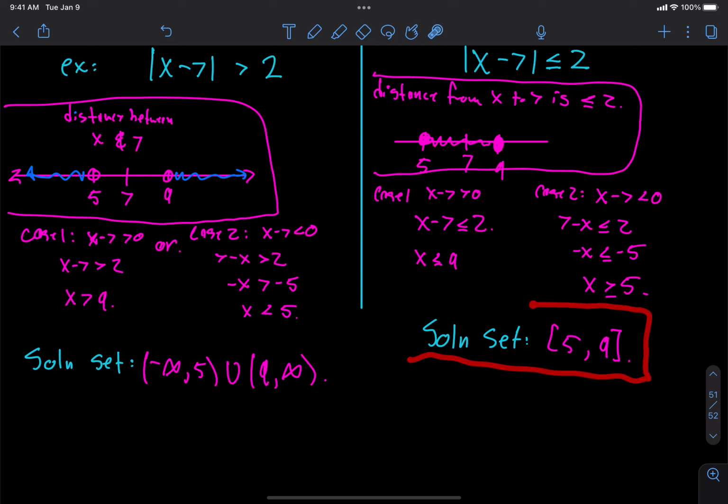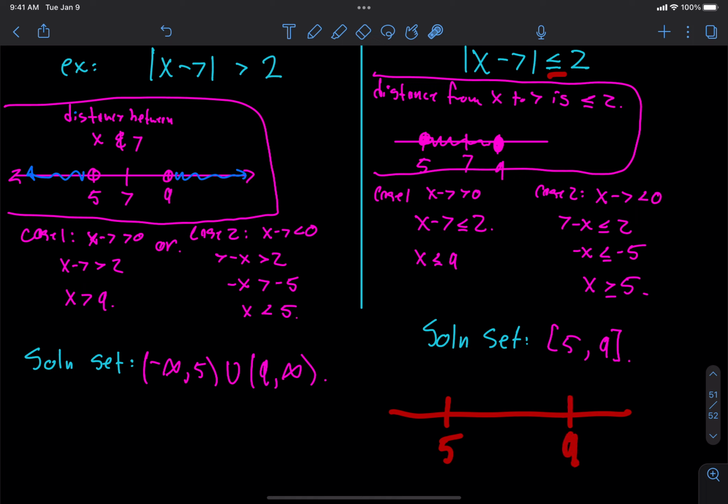If you ever get a little bit stuck on an inequality problem, you can always return to the friendly or not so friendly test point method. One way you can do the test point method is find the numbers that will make the equality true, draw them on a number line, you'll get 5 and 9, and then pick a number from each subinterval, here, here, and here, and plug in and see if the inequality is true or not.